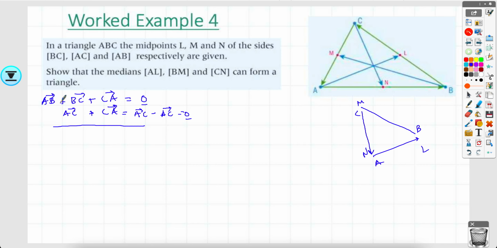So if you have 3 vectors aligning like this and giving you a 0, it means that they have formed a triangle. So that's what we're going to try and do. But first, let's define these 3 lines.